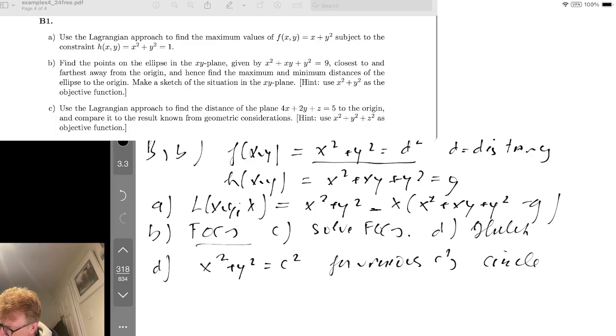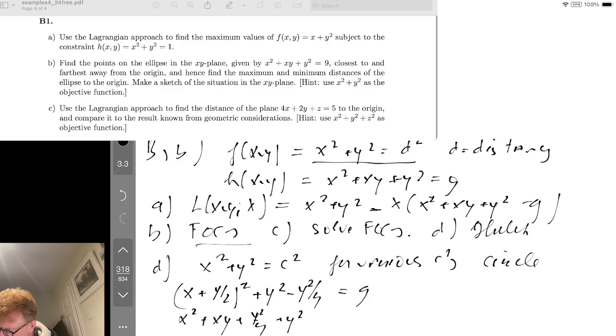So let's see. This is (x plus y over 2) squared plus y squared minus y squared over 4 is 9. Is that right? So that's x squared plus xy plus y squared over 4 plus y squared minus y squared over 4, right, is 9.